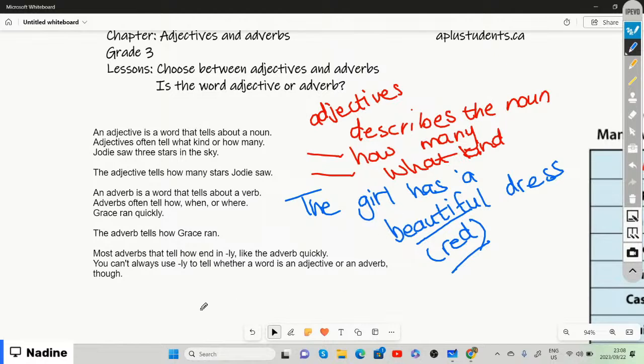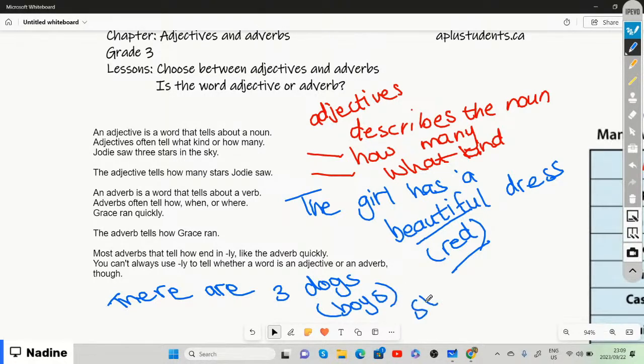With how many, it can be things like there are 3 apples, 3 dogs, 3 boys, or 3 stars.